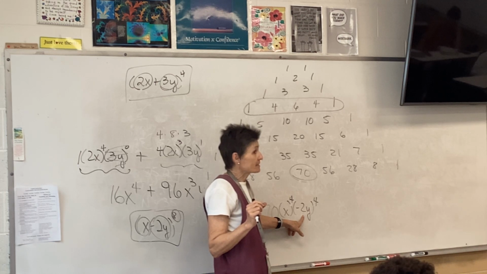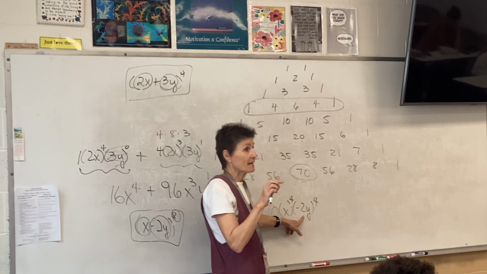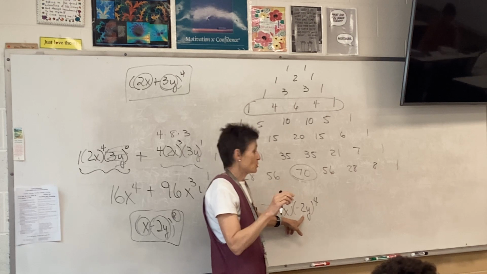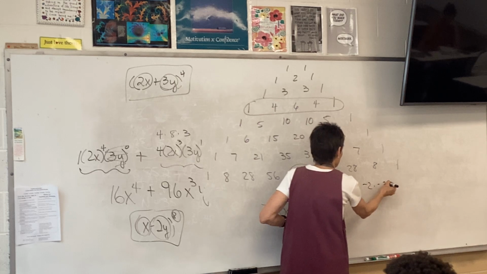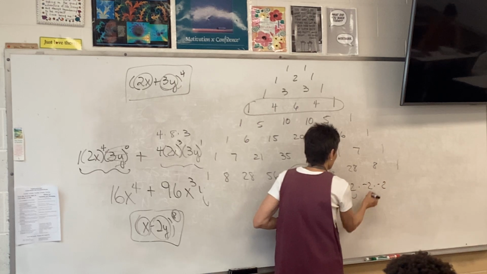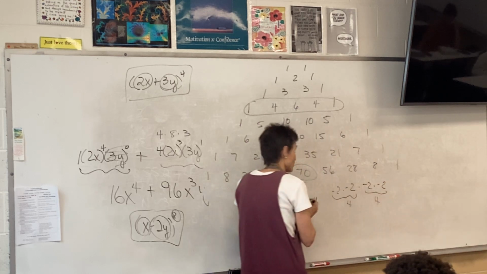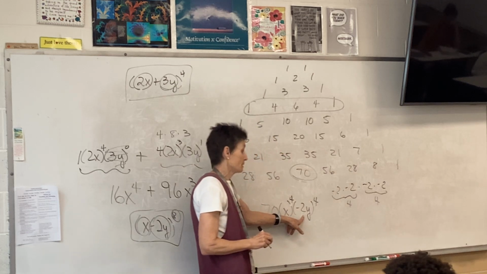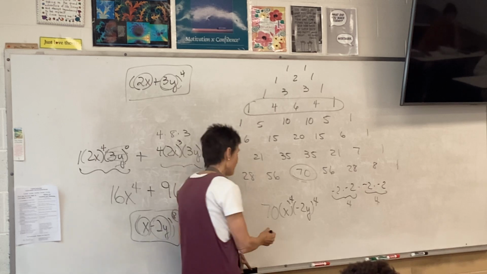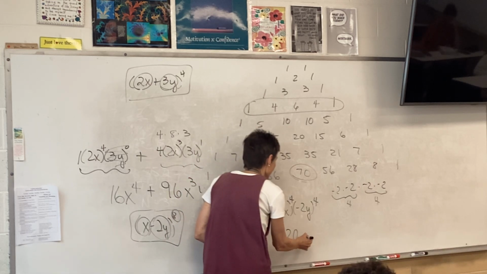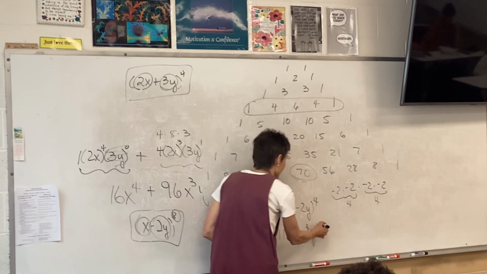Not negative 16, positive 16. Remember, negative times negative is positive. So if you have negative 2, negative 2, negative 2, negative 2, these make a 4 and these make a 4, so your answer is 16 times 70, which is 1,120. 1,120, x to the 4th, y to the 4th.